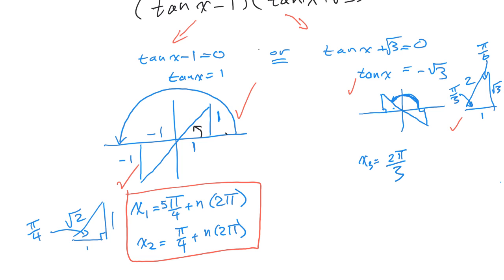So this part along the x-axis is -1, and then its height is √3, which means that this angle inside here is pi/3 based on our original triangle. But to get from here to here is actually 3 pi/3, which is 180 minus 60 to get that answer. So you get x3 equals 2 pi/3 plus n times 2 pi.